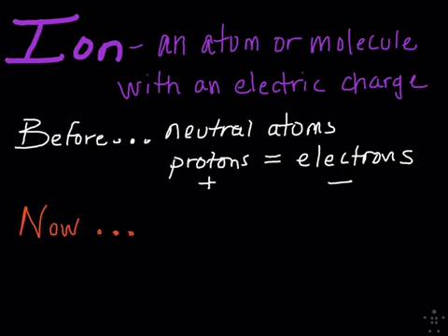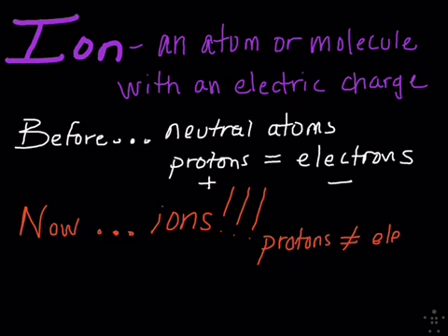But now we have ions. And in ions, the protons do not equal the electrons. Instead, what happens is they start off as a neutral atom, but electrons are either lost or gained, and through that loss or gain, that atom is going to pick up an electric charge.